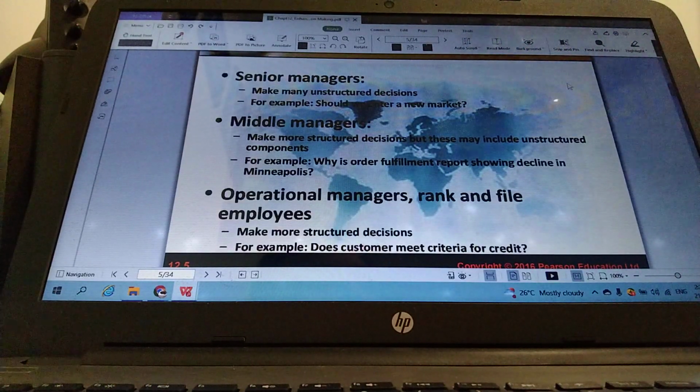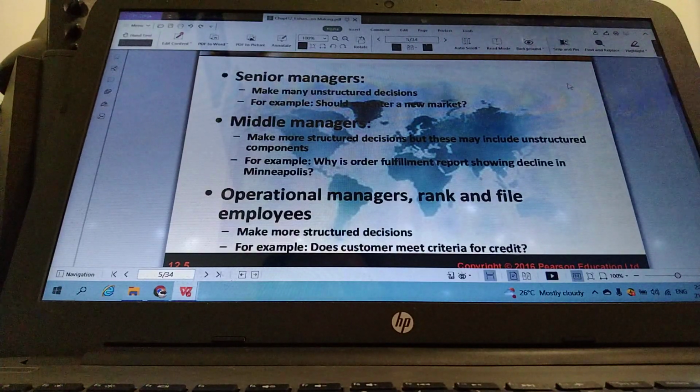They might be working along with them, so they might also end up doing some unstructured decisions. For example, why is the order fulfillment report showing a decline in this particular area, Minneapolis, for example? Just an example. Also, where the facts are not available or data and information is still new, fresh, so you don't have enough data or information or knowledge to make decisions, so it becomes an unstructured decision.